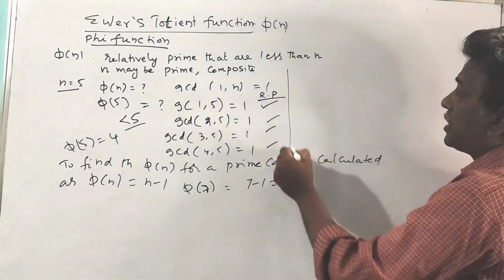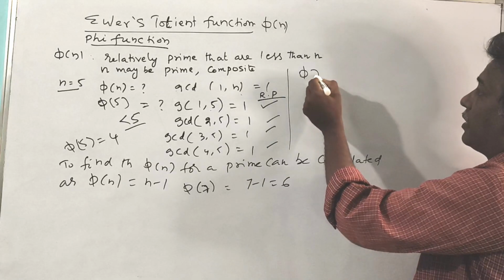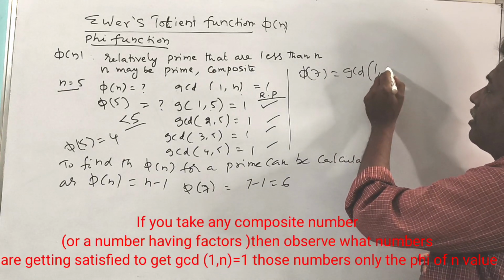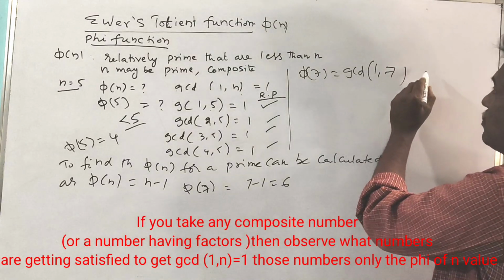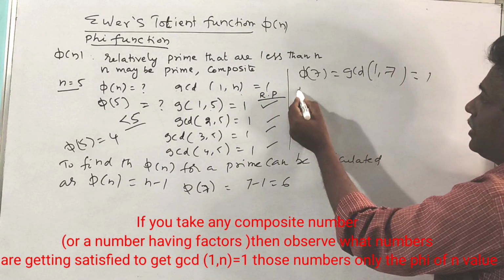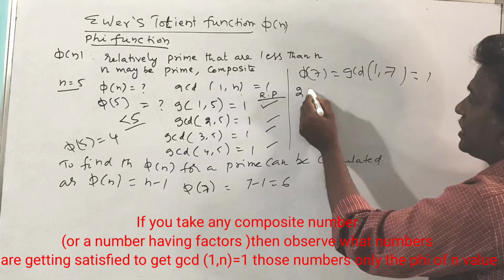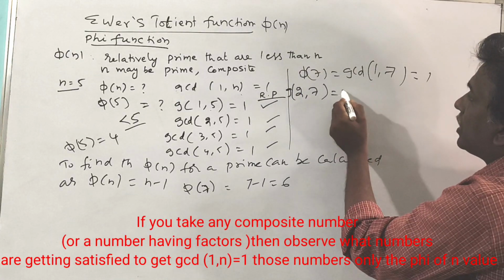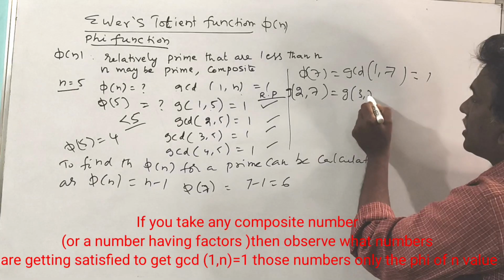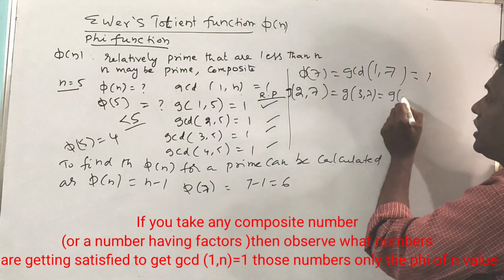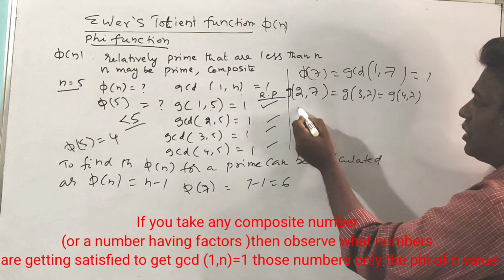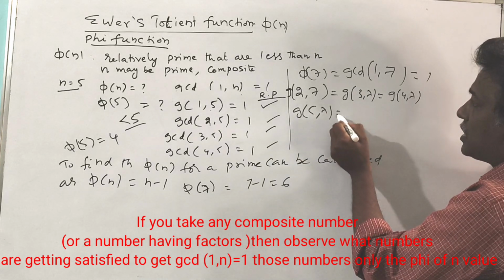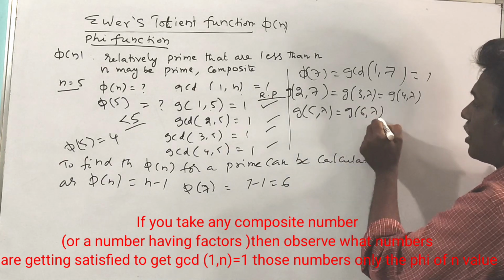To check this, phi of 7: GCD of 1 comma 7 is 1, GCD of 2 comma 7 is also 1, GCD of 3 comma 7 is 1, GCD of 4 comma 7 is 1, GCD of 5 comma 7 is 1, and GCD of 6 comma 7 is also 1.